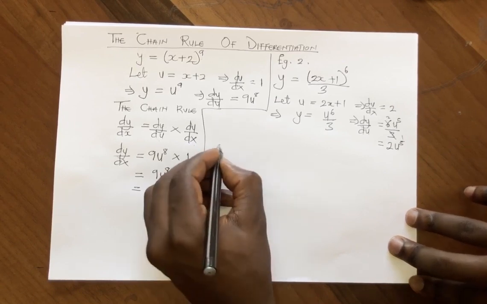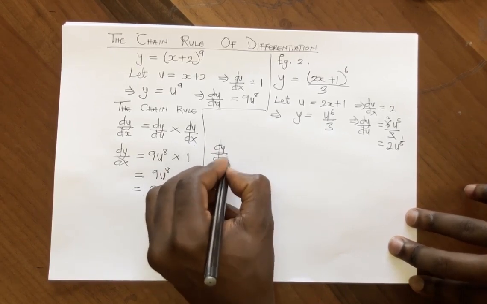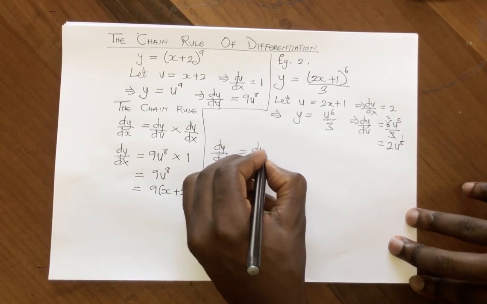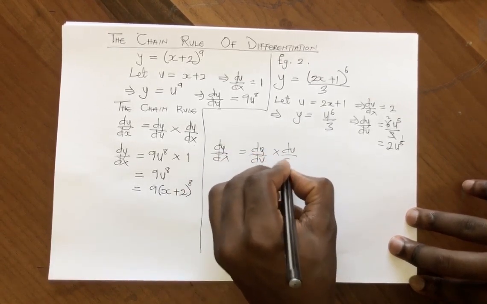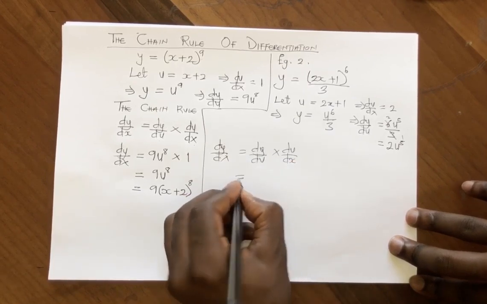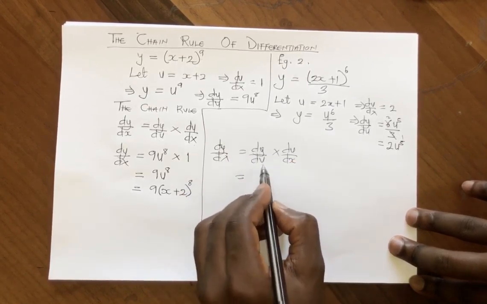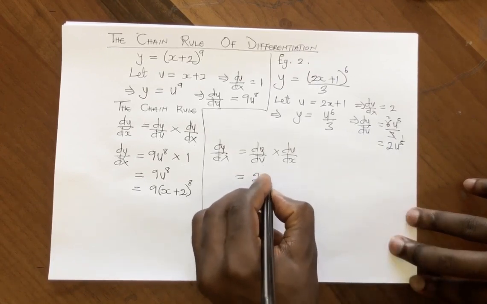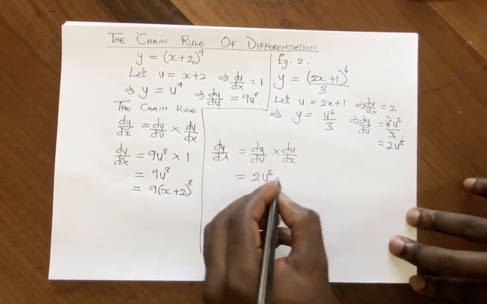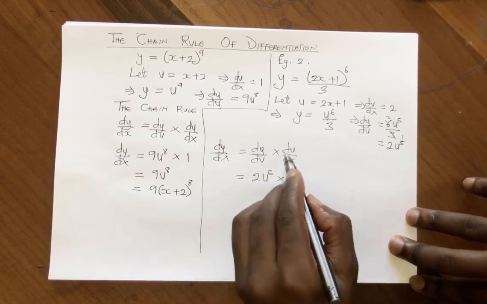By the chain rule, dy/dx is equal to dy/du times du/dx. So what is dy/du? That is 2u raised to the power 5, times du/dx.